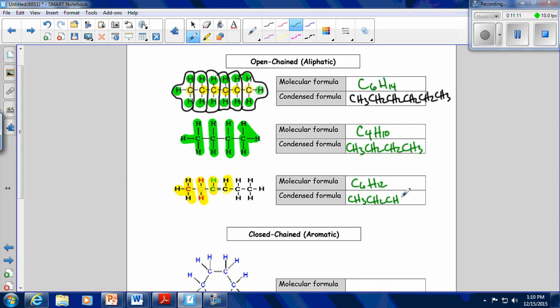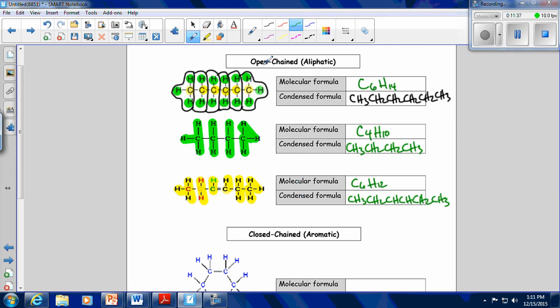Back to our string of CH2. And finally, we're going to conclude with a CH3. Right? So each formula represents the same thing, but we're looking at the molecular and condensed formulas. These are for open chain aliphatics, right? There's no closure to this.